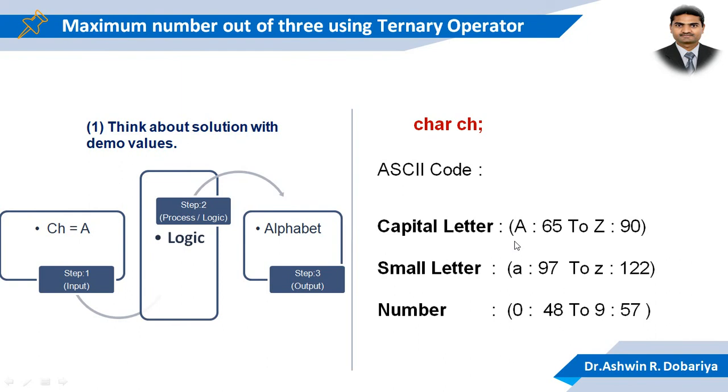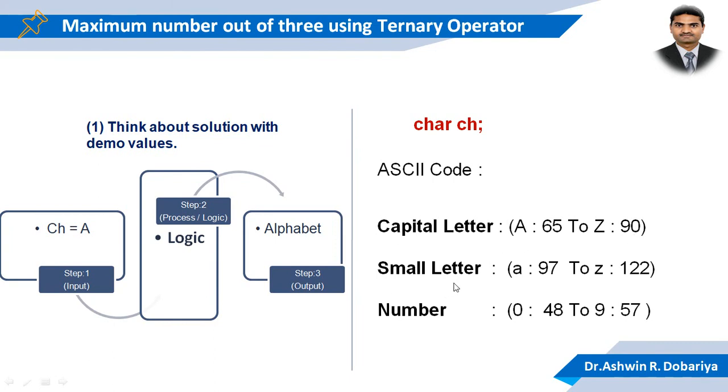It is something like this: in a classroom, every student has a name, for example Ashwin, and an appropriate roll number. Similarly here, for characters, numbers and special symbols, every value has one unique code, that is the ASCII code. So you have to remember this code. For capital A, the ASCII code starts from 65 and goes up to capital Z, whose last ASCII code is 90.